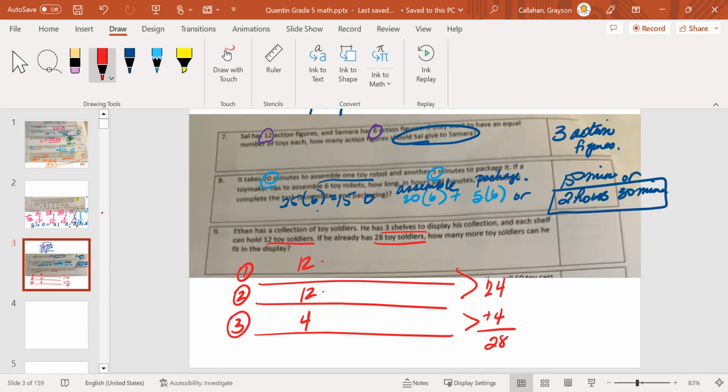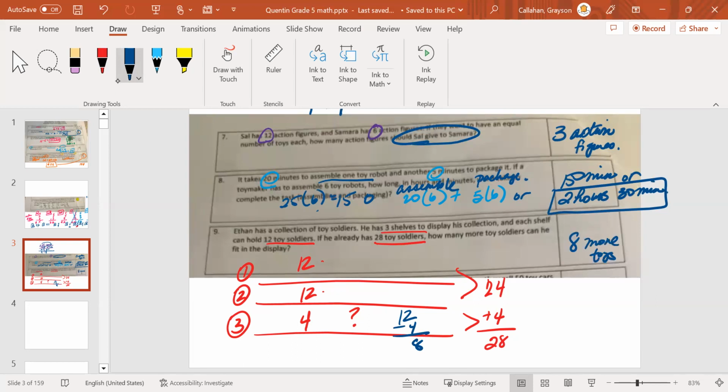He has a total of 28 toys. So how many toys does he have on the 3rd shelf? He has 4 of them. So how many more can he put on here? How many more toys? He could put a total of 12. What's 12 minus 4? 8.